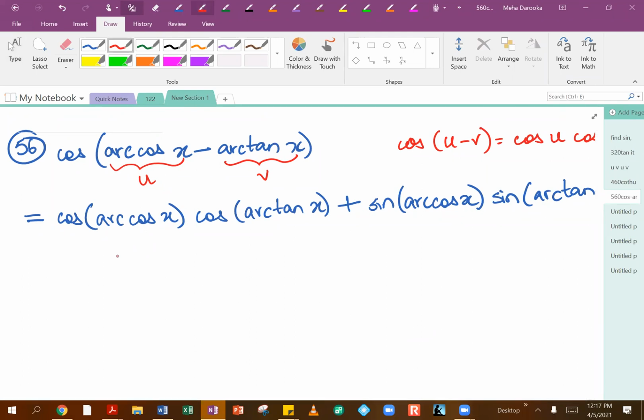So in this case, your cosine and arc cosine will cancel each other out, leaving you behind with just the x from this function. But we will need to use the triangle to figure out what cosine of arc tangent of x is going to be. So remember, arc tangent of x is your angle V.